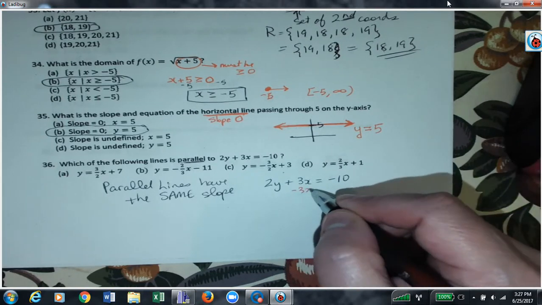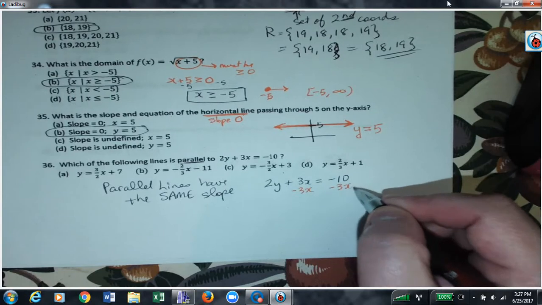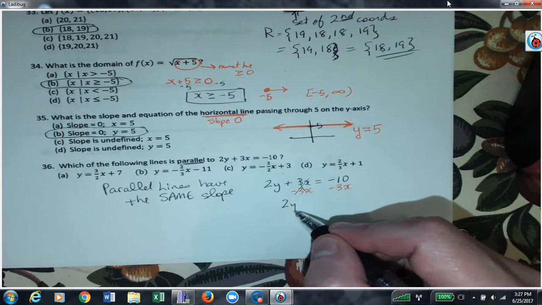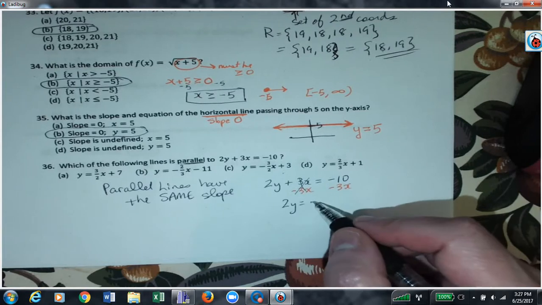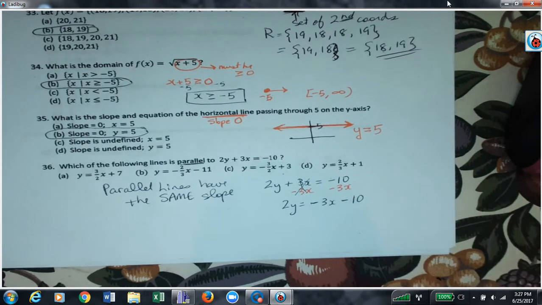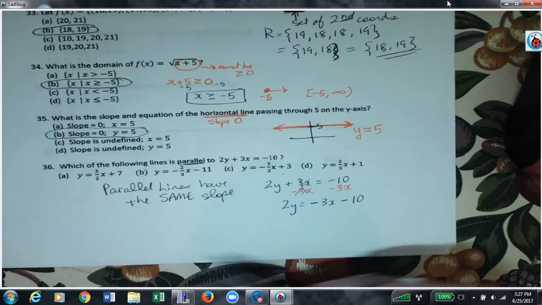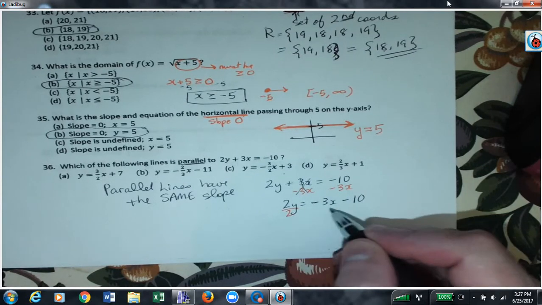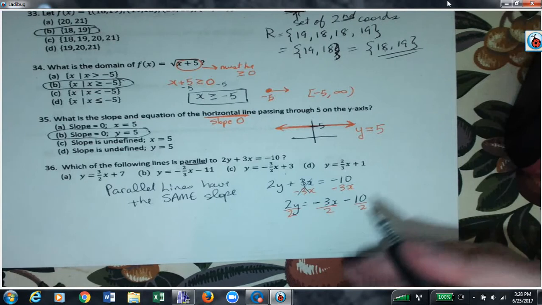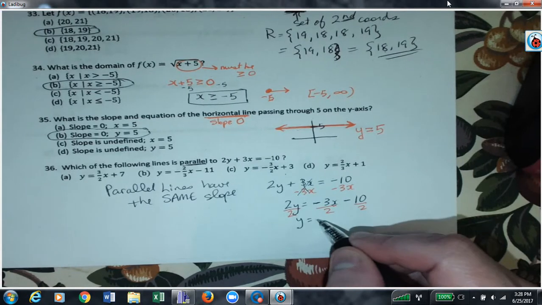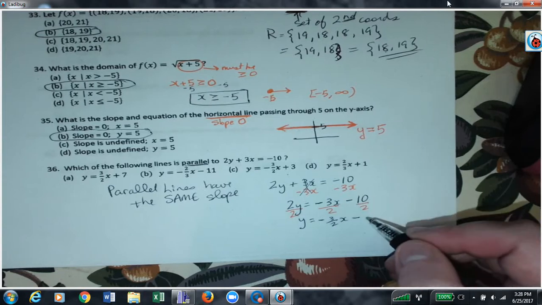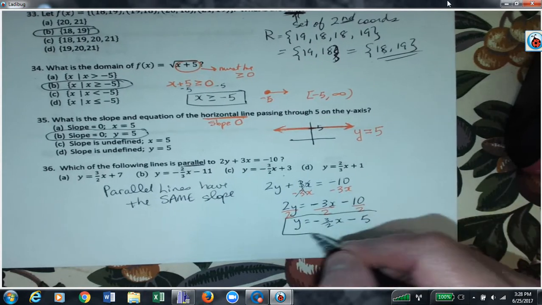So let's subtract 3x from both sides. These cancel. I'm going to put the x term first. So minus 3x, then minus 10. Then I have to get y by itself, which means I divide every term by 2. So I have y equals negative 3 halves times x minus 10 halves, which is minus 5.